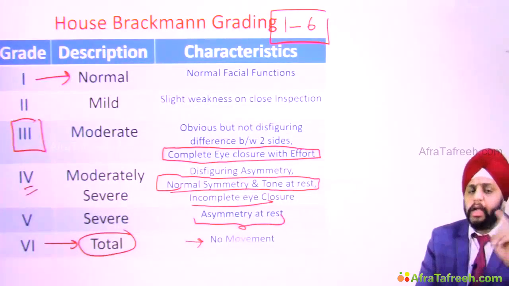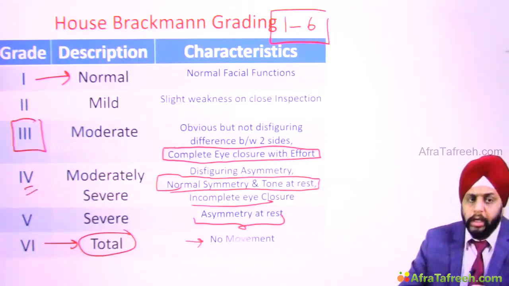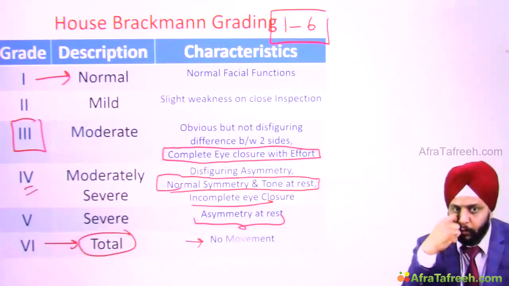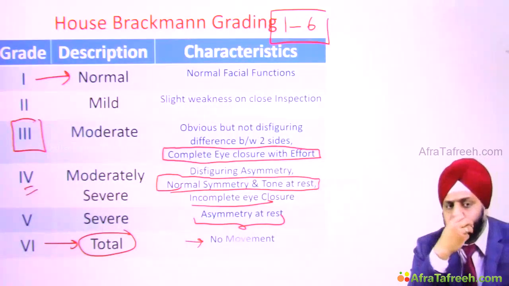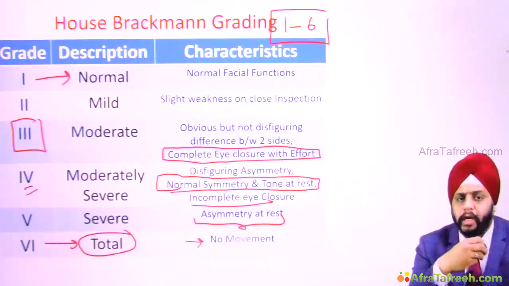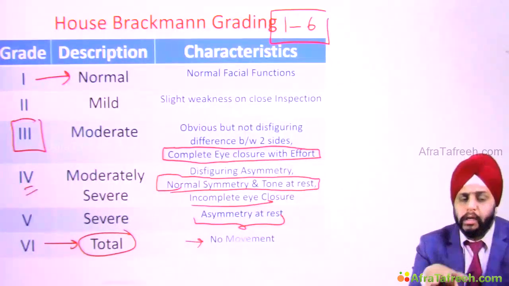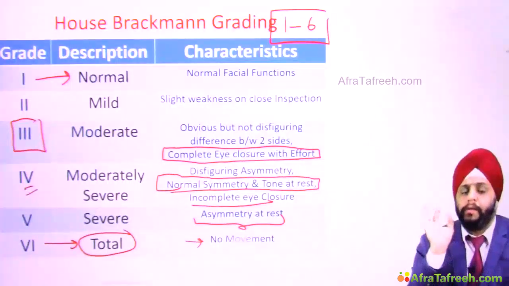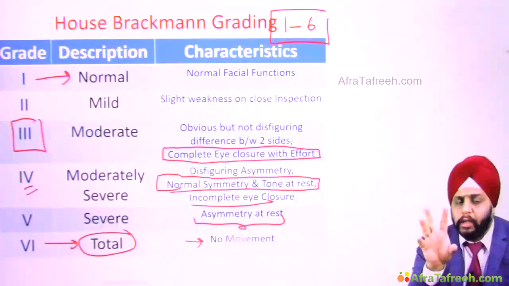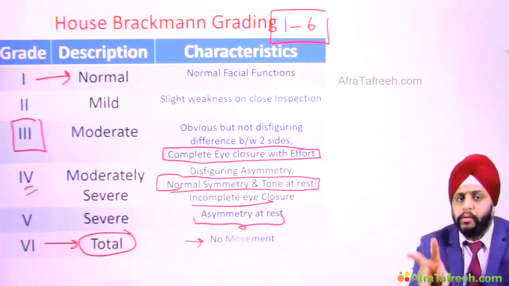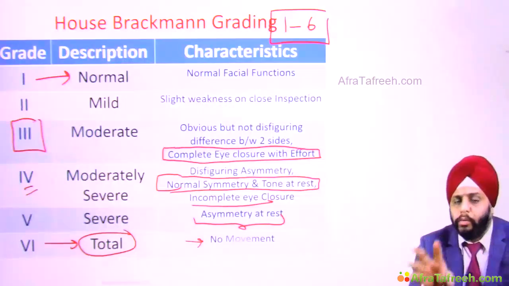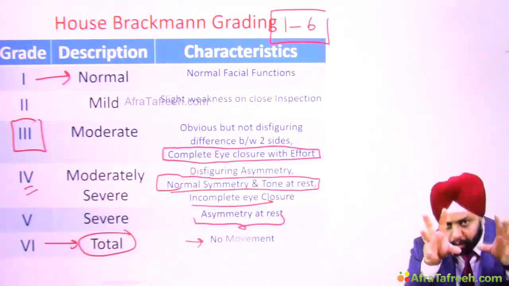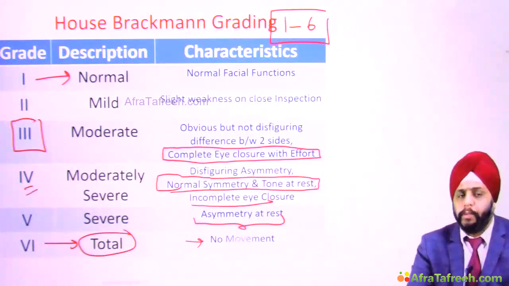The nasolabial fold may be missing, and the mouth is slightly deviated to the opposite side. So even at rest in grade 5 you will find asymmetry, otherwise in grade 4 there is normal symmetry and tone at rest. If you know this, you can grade the facial nerve palsy.